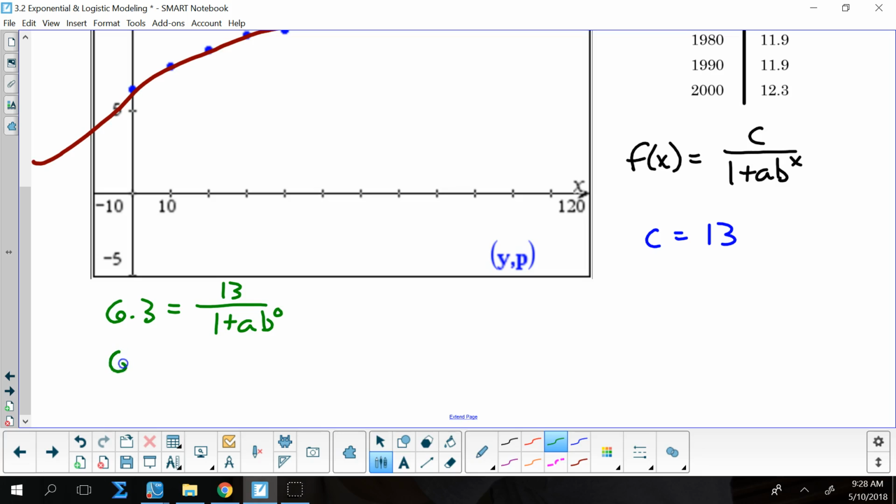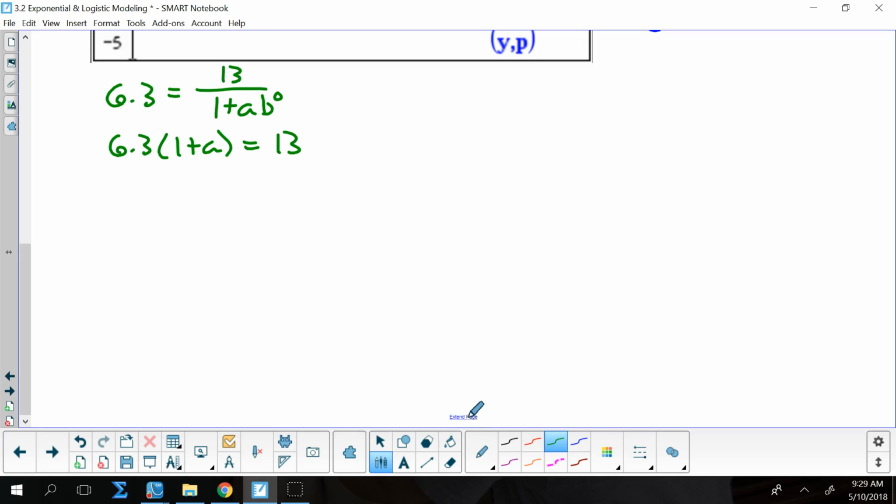Just divide by 6.3. We could distribute and go through it that way too, but we can just divide by 6.3. And then what?